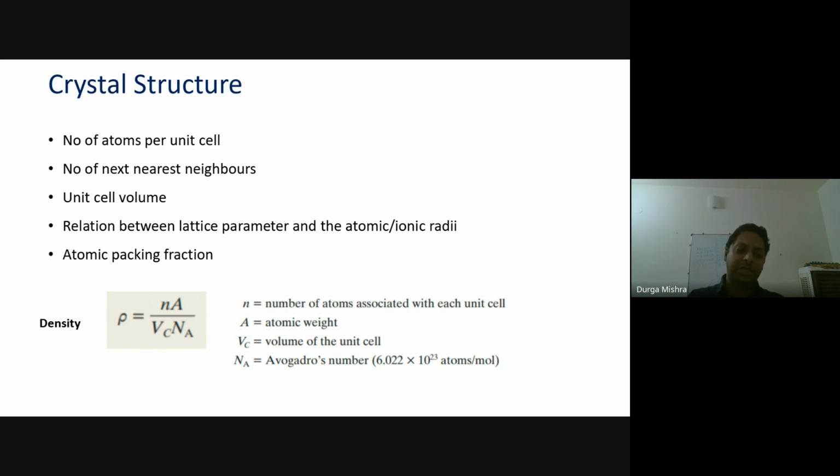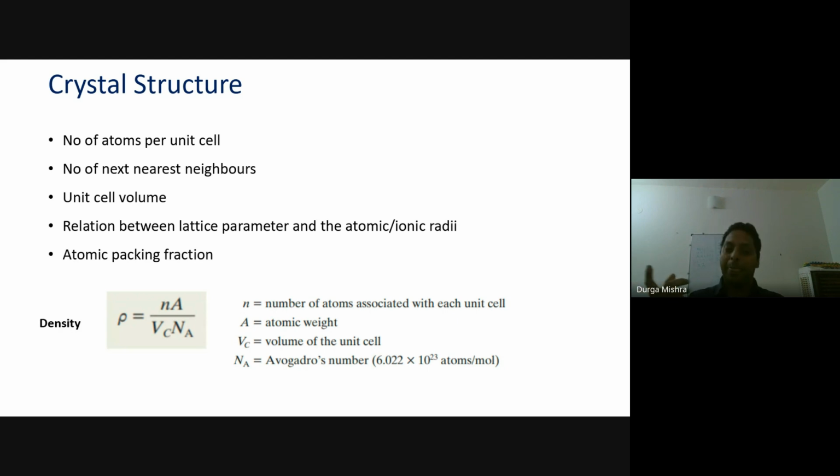Another interesting thing about the crystal structure: if you know the crystal structure, you can calculate the density. This is a theoretical density, assuming that your crystal is a perfect crystal. You can use this formula and calculate. If you know the crystal structure, you can calculate the density, and then you can correlate it with the measured density of the material.